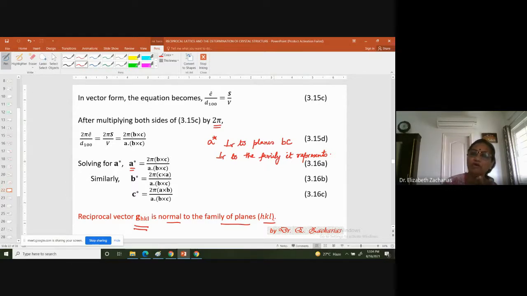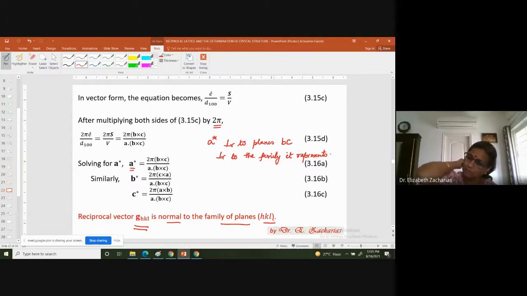We are doing it for H00, 0K0, 00L because we want the three primitive reciprocal vectors, and then we are extending that idea to a general G HKL, which will be normal to the family of planes.